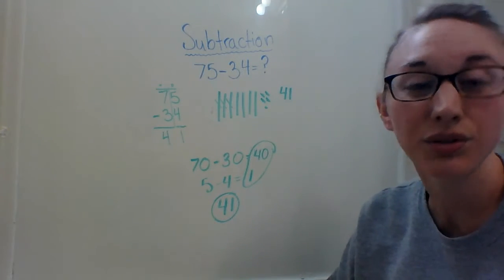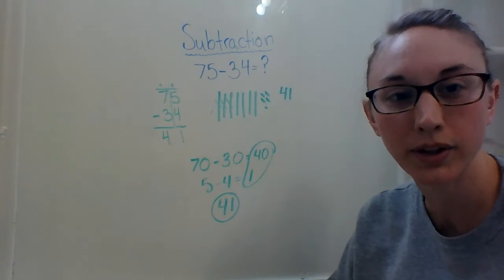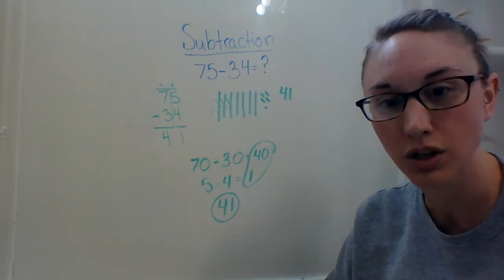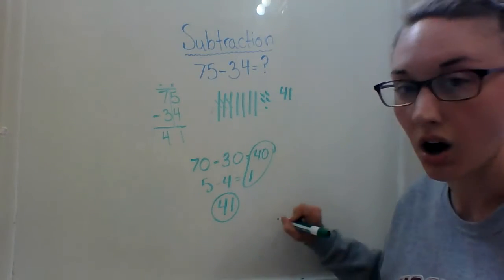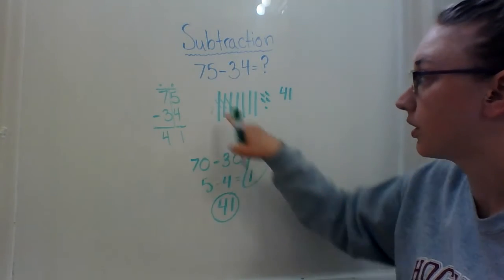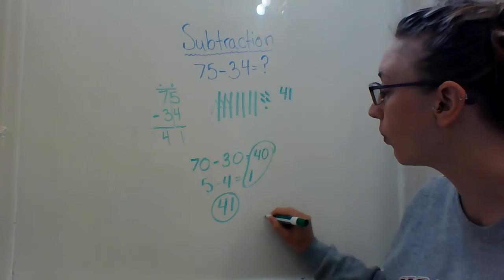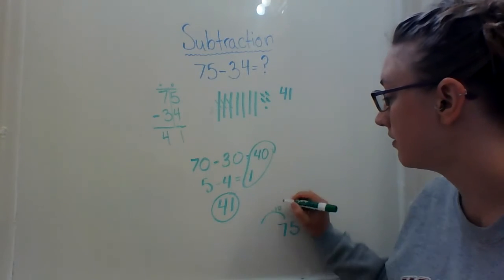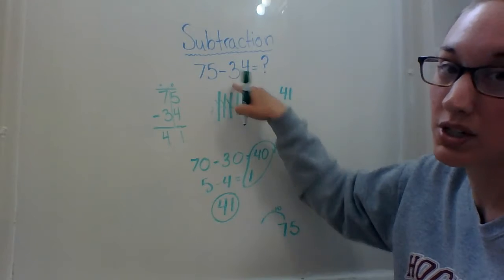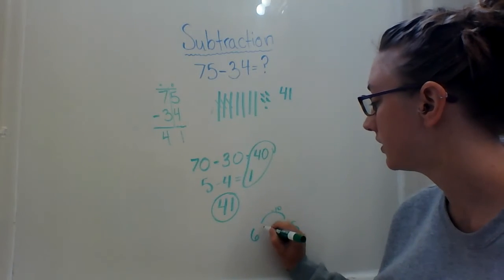Another strategy you can use is number line. Number line's a little bit trickier with subtraction than it is with addition because you have to start way over here. So I'm starting way over here at my big number, and I have to take away 3 tens. So that would be 65.